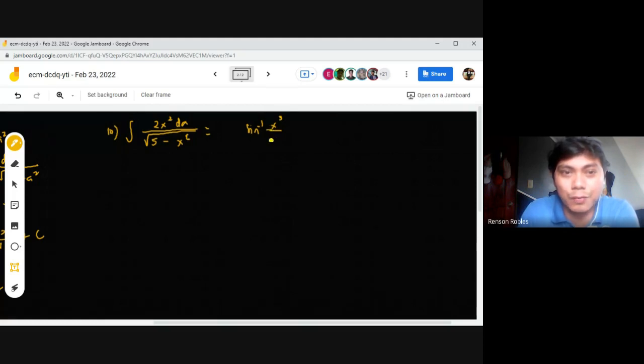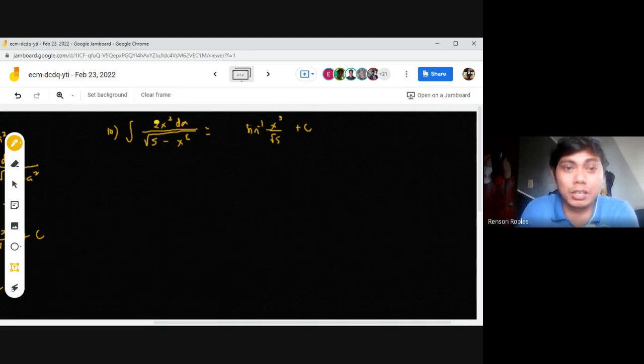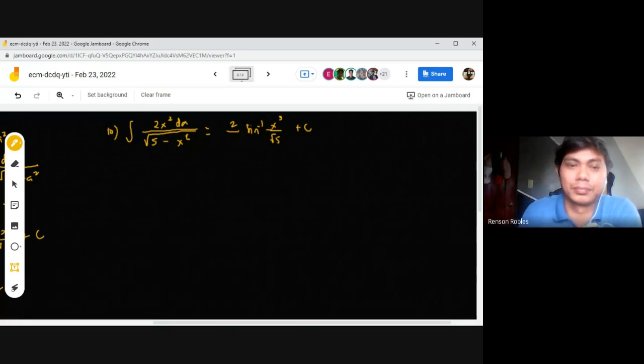X cubed over square root of 5 plus c. And ano yung kulang sa unahan? Oh, obviously, you have 2 kasi 2 yun. Then yung denominator na lang. What would be the denominator? That is 3. Kalahati ng 6.